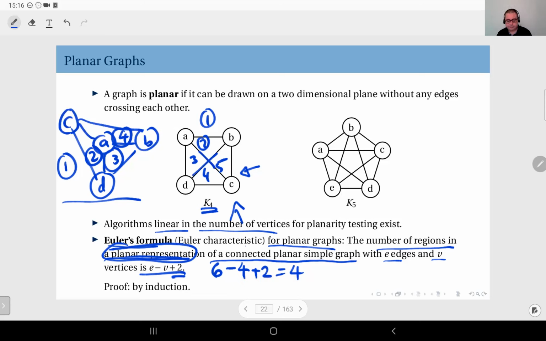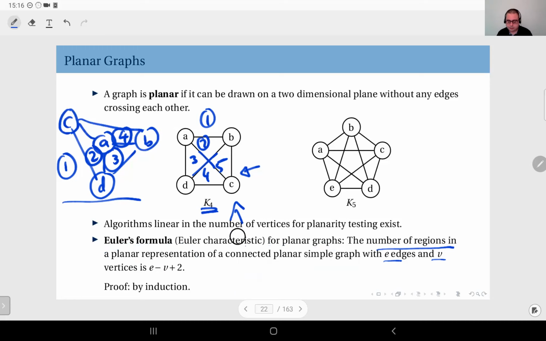Now, the proof of this is by induction, and it's not really that difficult. Let me try to construct it for you. For instance, you have to start with the basis step. And this would be the simplest graph you can imagine with a single vertex.